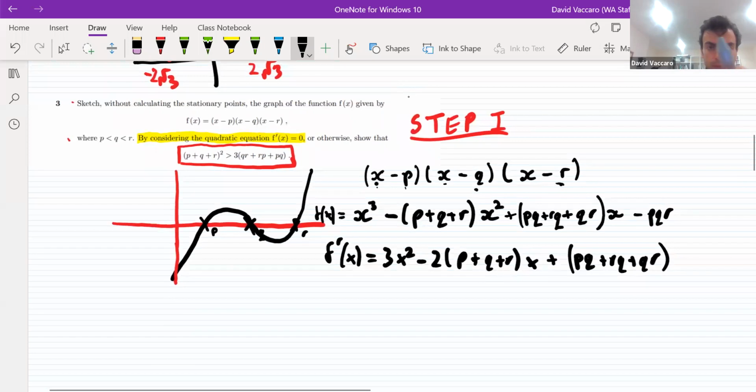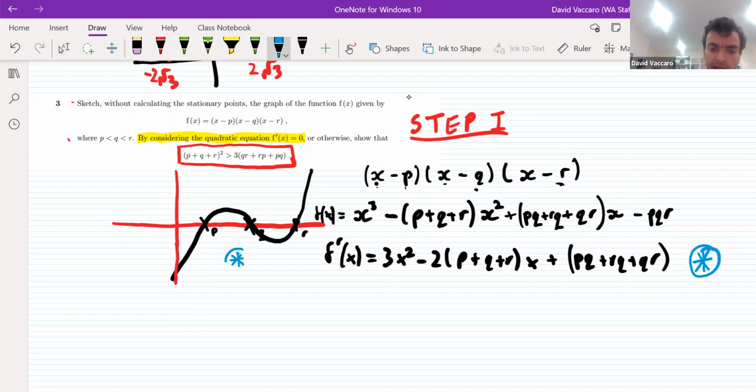Now, how am I going to relate this expression for the derivative and this graph together in order to give this inequality?